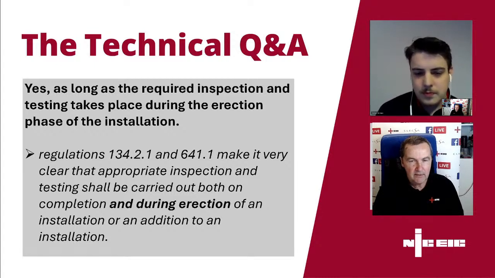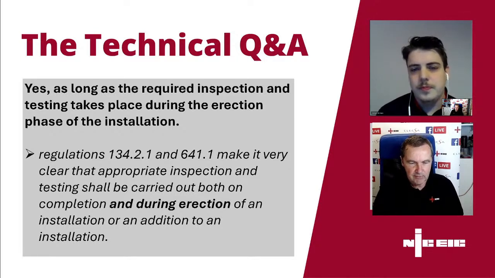And that's the thing that people often miss out, is 7671 is quite specific. You can't just wait till the end and then do your inspection and test, and that's because quite often cables will be hidden in the fabric of the building at that stage, and so you won't be able to fully inspect them, for example.